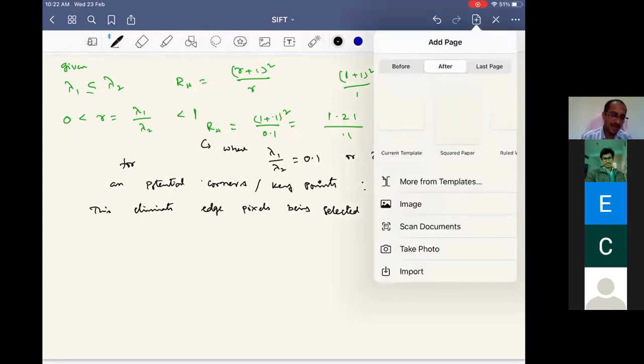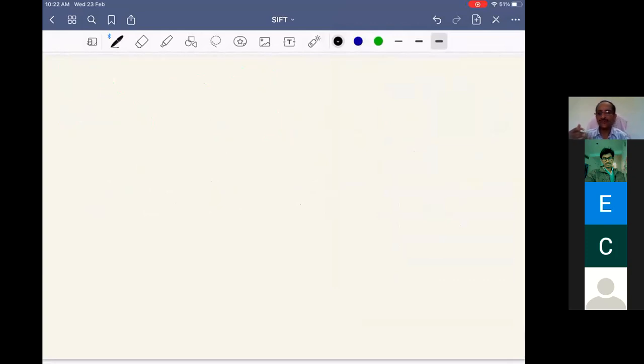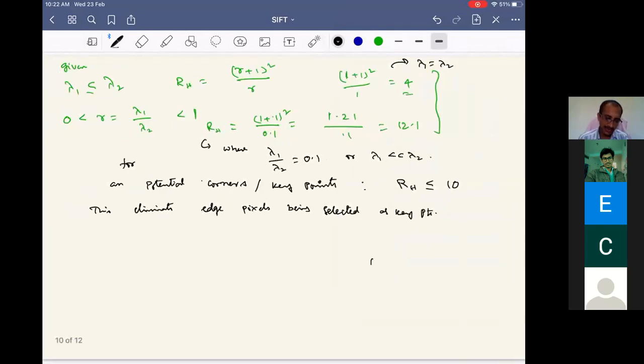Now the next step is, say we have identified the key points at different scales. Each key point that is identified is associated with a location x, y and a scale, so I associate a key point x, y, comma, sigma.